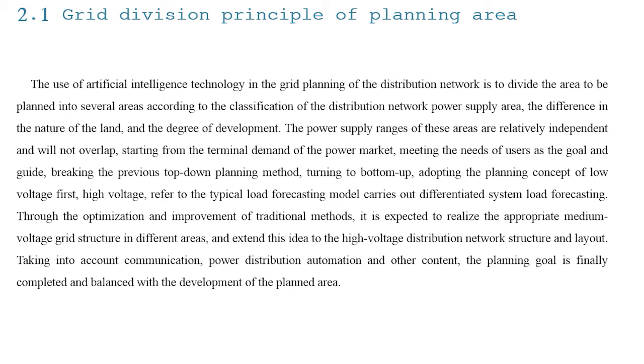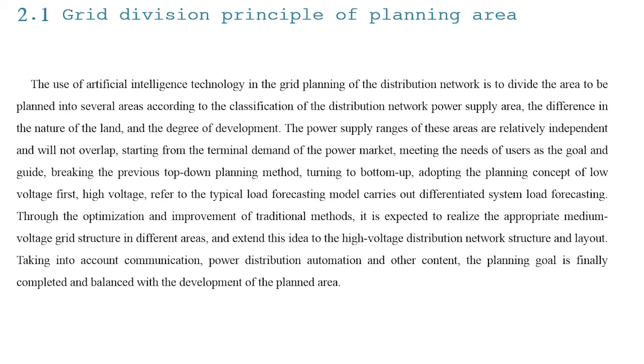The power supply ranges of this area are relatively independent and will not overlap, starting from the terminal demand of the power market, meeting the needs of users as the goal and guide.